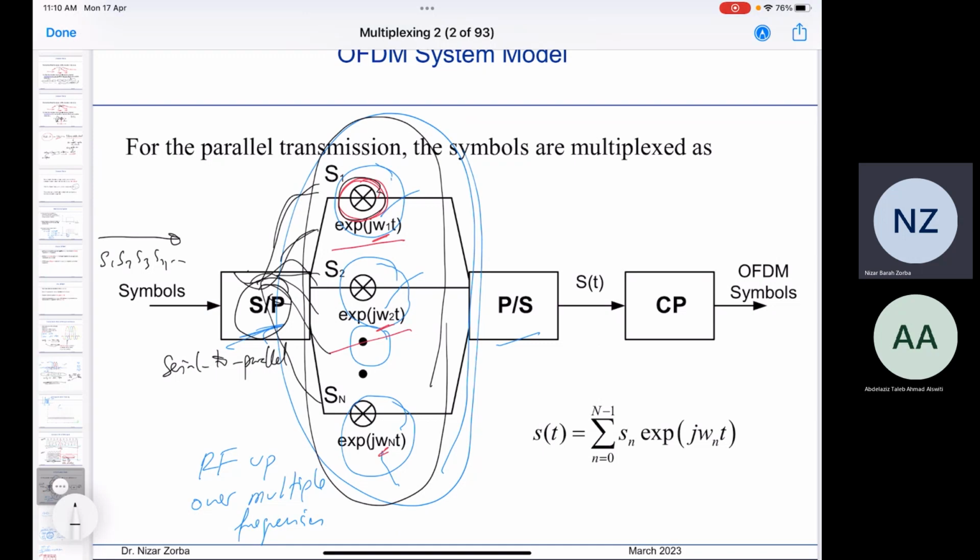We need a code that will transform symbols that come in series into symbols that come in parallel. How to do this? A for loop. So a for loop will do it for you. This is why I say it is pure programming, pure code writing.